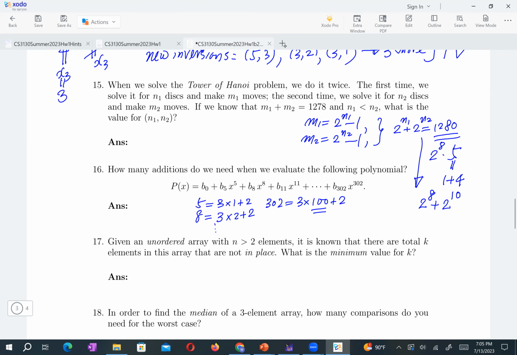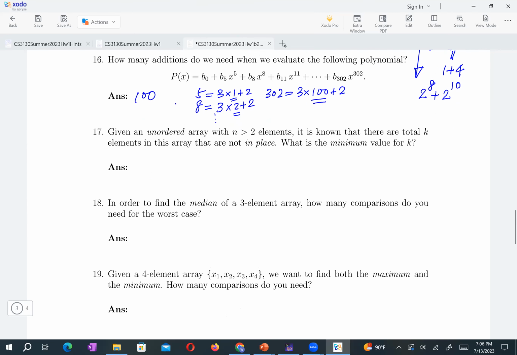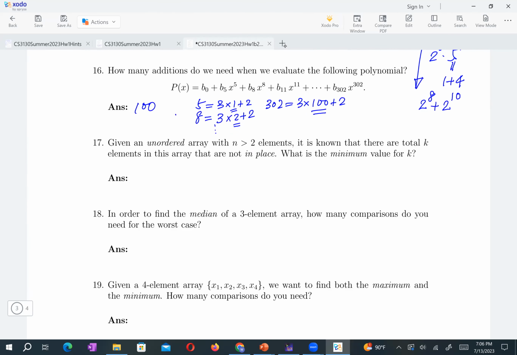So now we can use these numbers, 1 to consecutive numbers, as our counting objects. So we count these numbers. So 100. So number 17, the answer is 2.